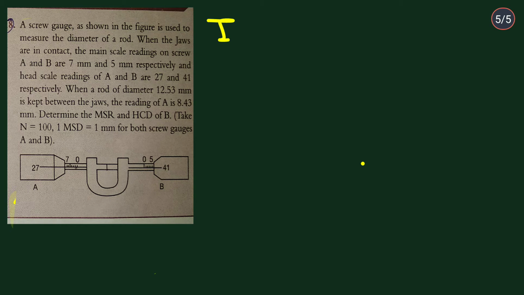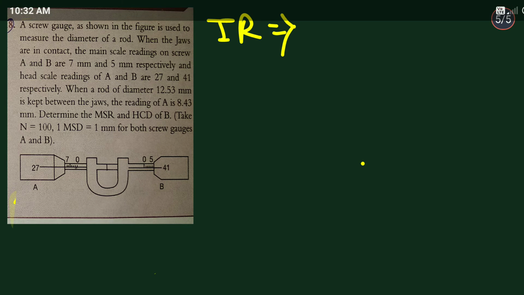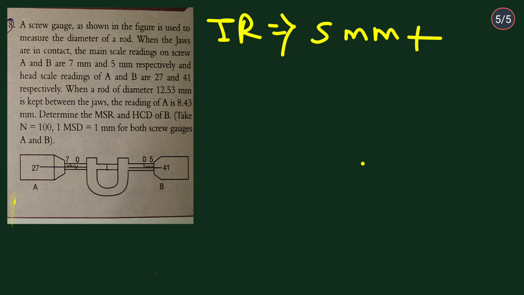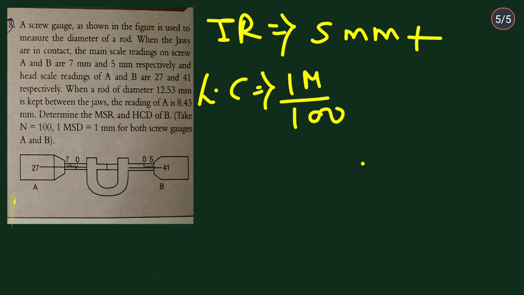The least count is not given, but we know that least count is equal to 1 main scale division divided by the number of head scale divisions, here 100, and 1 main scale division is 1 millimeter, so the least count is 0.01 millimeter.